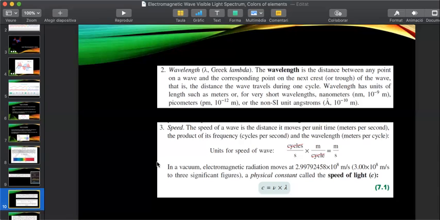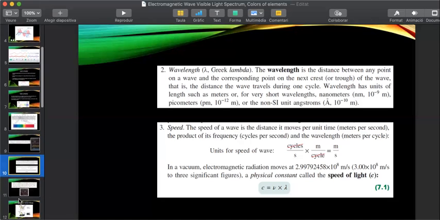In a vacuum, electromagnetic radiation moves at 3 times 10 to the 8th, okay? So that is a huge velocity. It's a physical constant that is called the speed of light, okay? And the speed of light is the multiplication of frequency and wavelength.